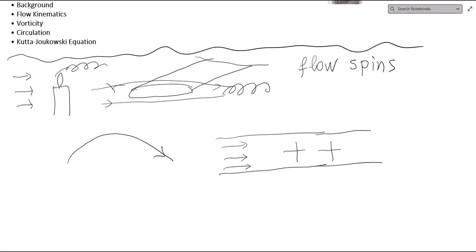In other words, is every curved streamline, which is defined as tangent to the material line or the flow line, a rotating flow? Or is every straight streamline free from rotation?